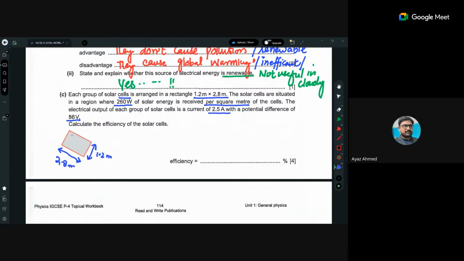And that is directly exposed to sunlight, right? And in this zone it is receiving 260 watt per square meter. So first of all, I will calculate the entire area of this solar plate, that is 1.2 into 2.8. Just let me know what is the total area.